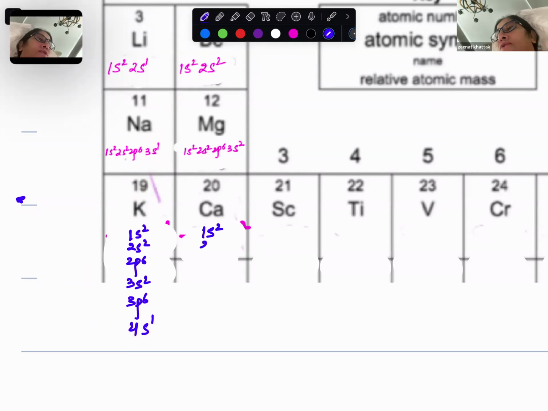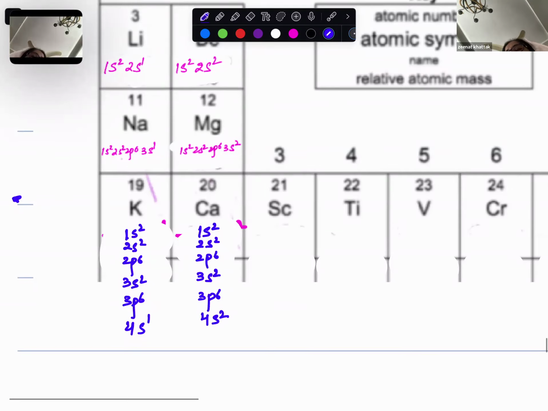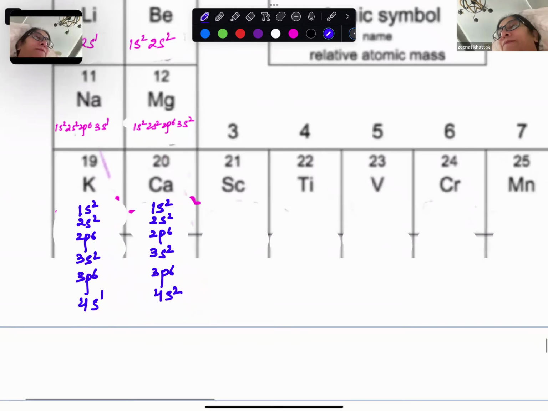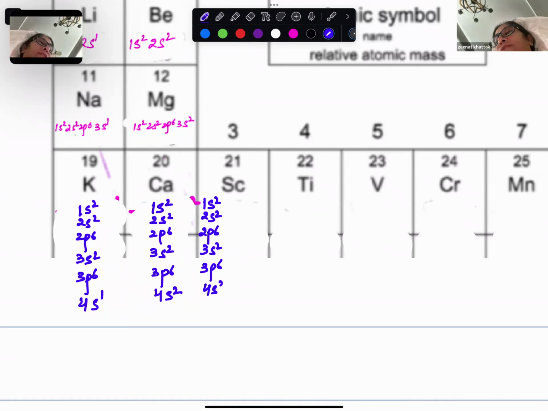For calcium, it's what? 1s2, 2s2, 2p6, 3s2, 3p6, and then what? 4s2. Perfect. But you know what happens in scandium? 1s2, then 2s2, then 2p6, 3s2, 3p6, 4s2, 3d1.